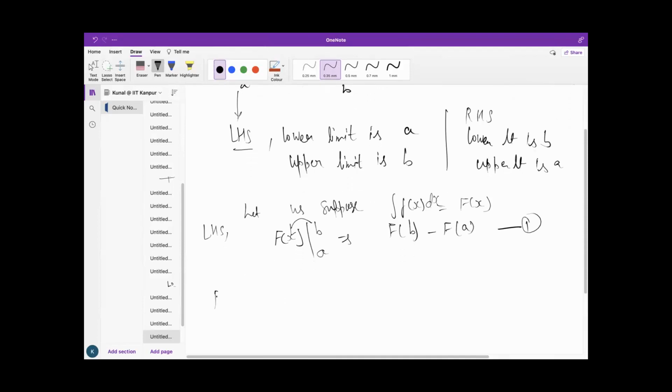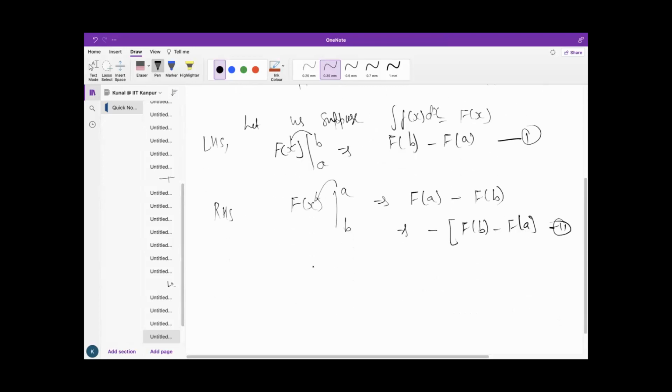Now move on to RHS. Again it will be Fx, but here the lower limit is b and the upper limit is a. So we first insert the upper limit. So we get Fa minus Fb. So we can write it as minus of, if we take minus common, Fb minus Fa. Now it's clear, both are the same, Fb minus Fa, but in RHS we get the negative sign.